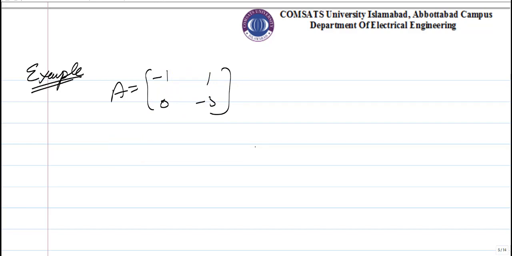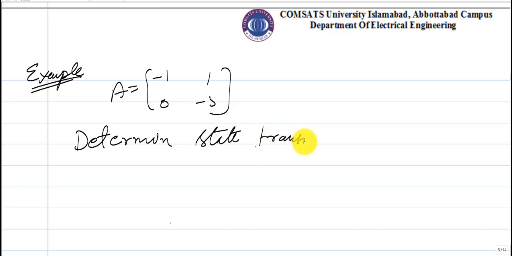By using its properties, we will determine its state transition matrix. So determine the state transition matrix using its properties.